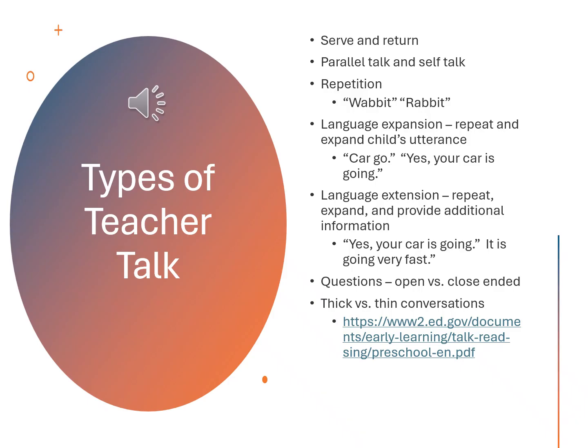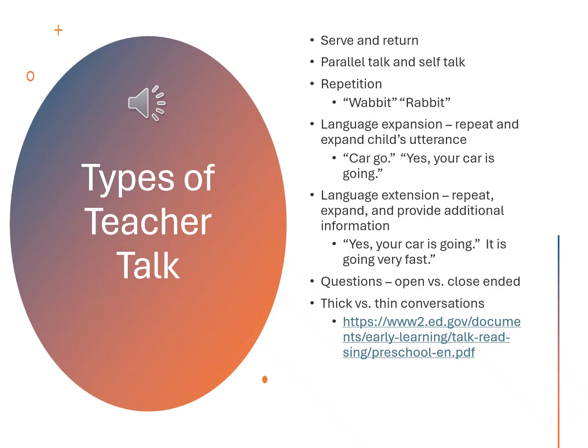We can also expand on children's language. When a child says something, we can repeat it and then we can expand on what they've said. So if a young child says car go, I can say, yes, your car is going. Your car is going very fast. Let's see if we can make your car go some more, right?